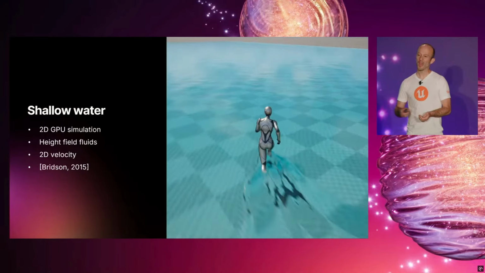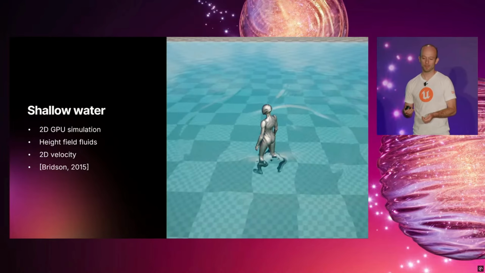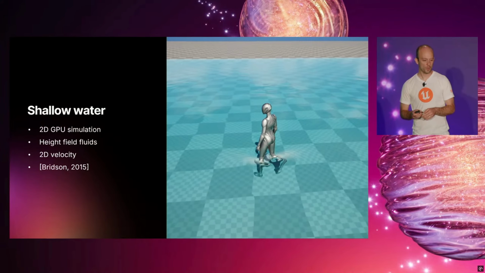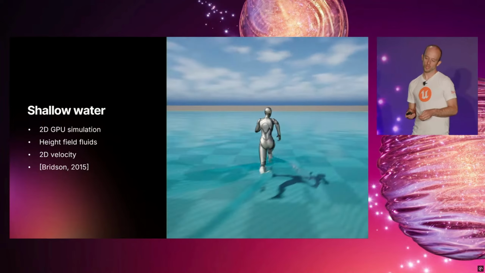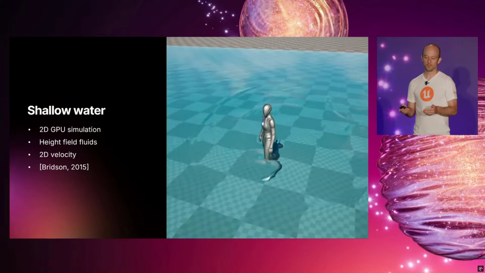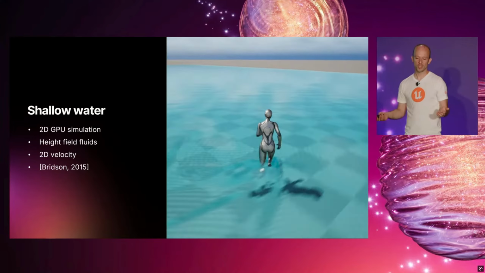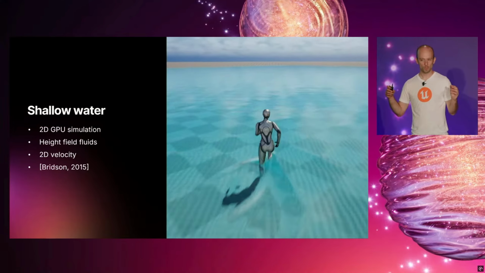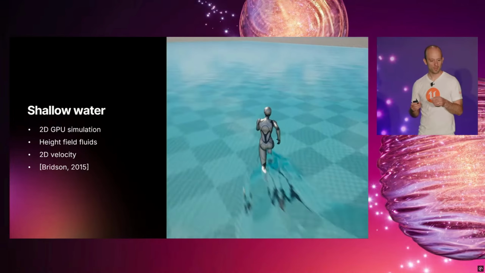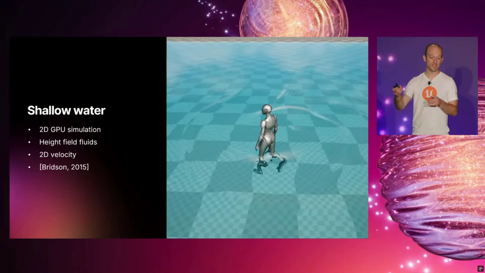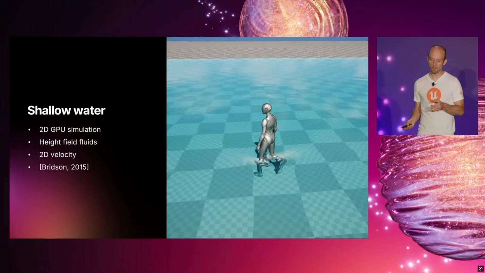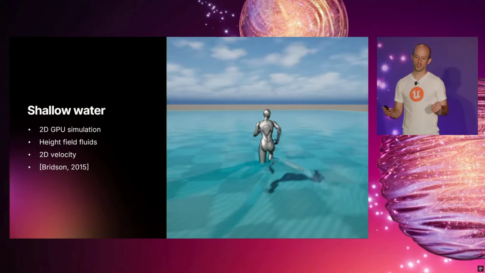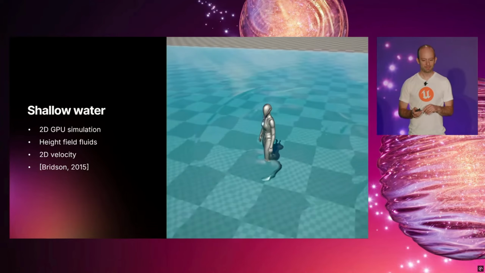This is something we've had in Niagara Fluids for a very long time. We're using the same basic simulator we've always used. In this example, we have ripples coming off of a character using shallow water. It's a pretty robust type of simulation that lets you do things from ripples like this to rivers. So the same core architecture can be used in a lot of different scenarios.